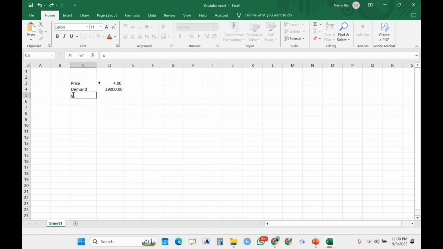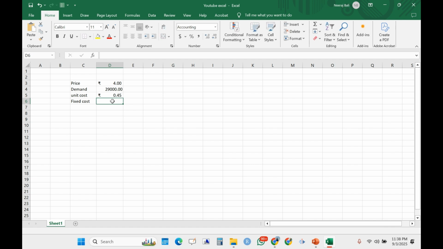Another assumption I will take is the unit cost of, say, 0.4. Oh, okay, 0.45. Then let us assume the fixed cost. What is the fixed cost?